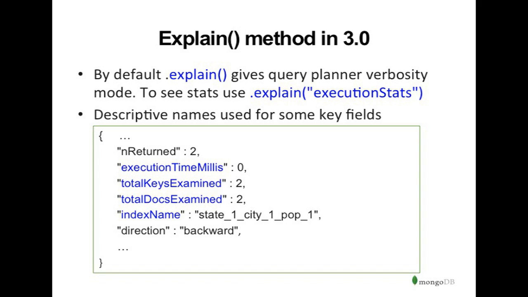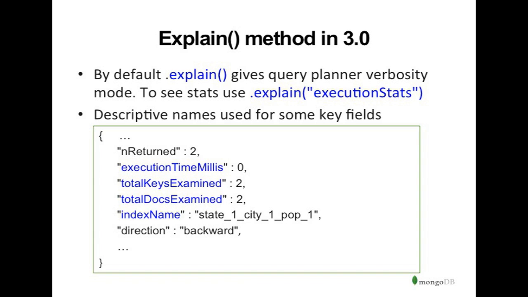If you want to know simply whether an index is being used or not, your .explain will give query planner information only. To see more detailed information, for example the execution stats and all the plans considered, you tune up the verbosity level by using explain with parentheses and the keywords executionStats or allPlansExecution.